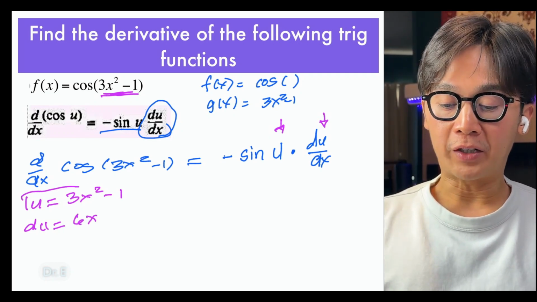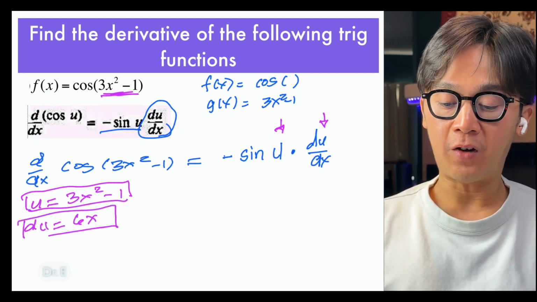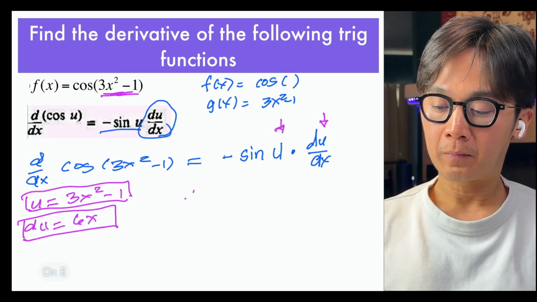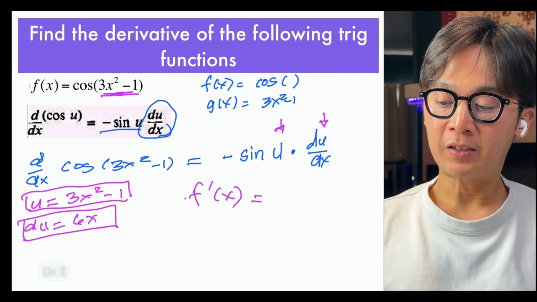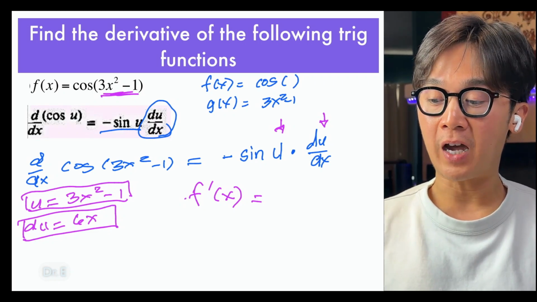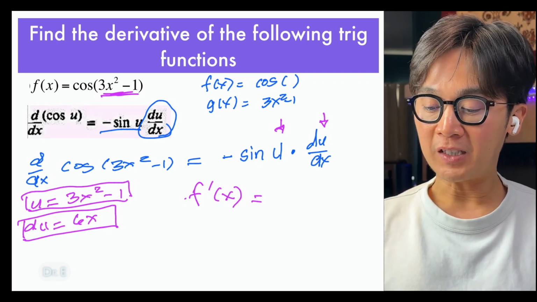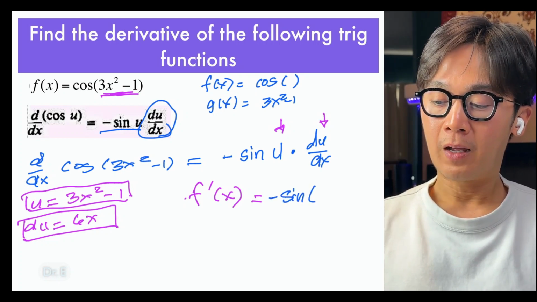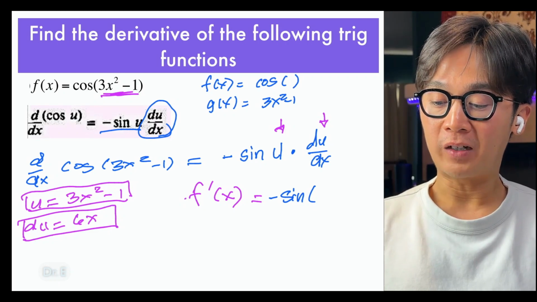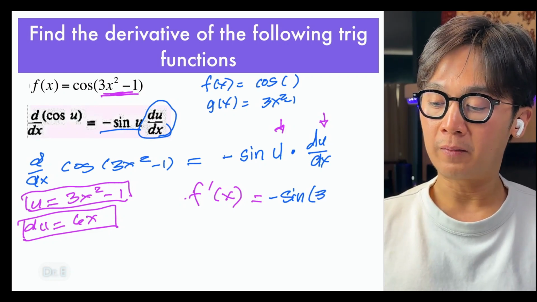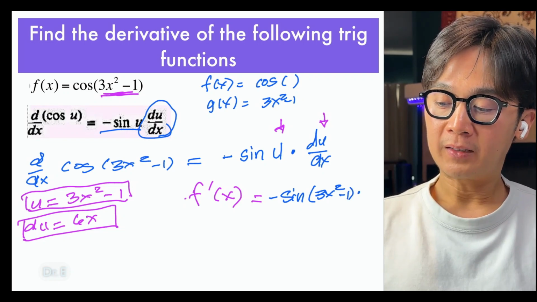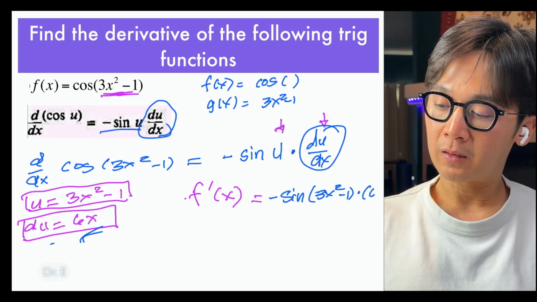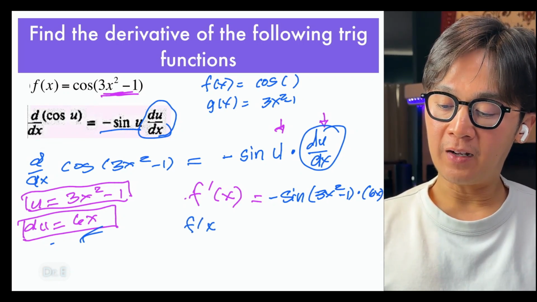Now that we have our u function and our derivative du, we're ready to find the derivative of f of x, which, according to the formula, is negative sine u times du dx. So we're just writing out negative sine of u, and what is our u? 3x squared minus 1, times du dx, which is 6x.